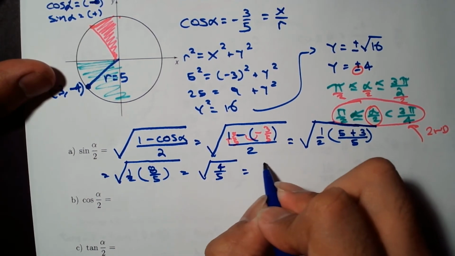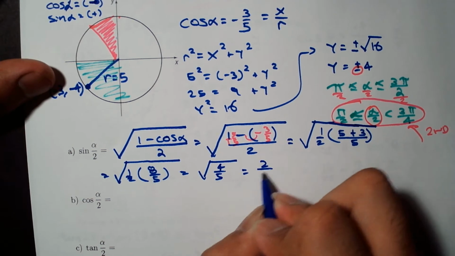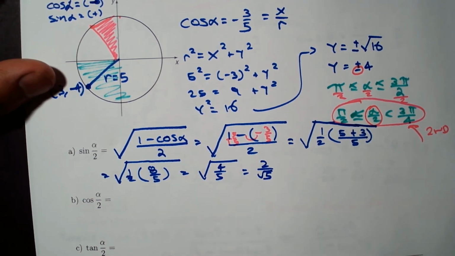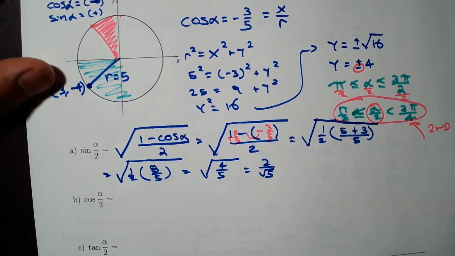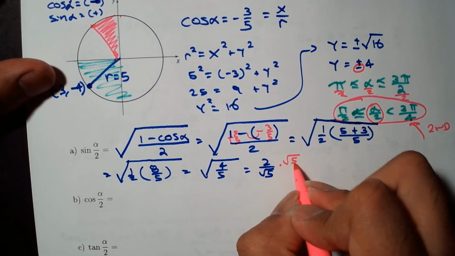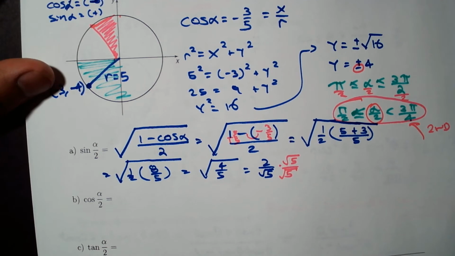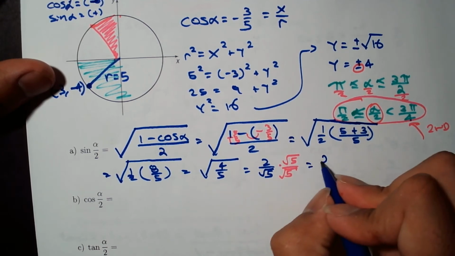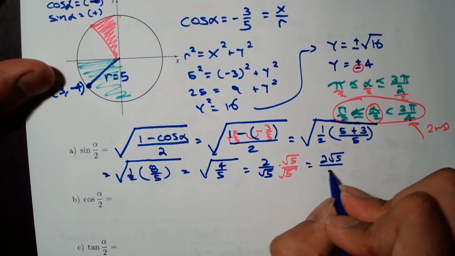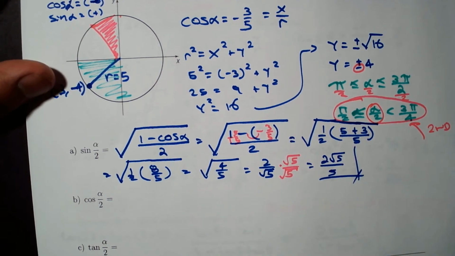In this case, this is the square root of 4, which is 2, over the square root of 5. And you might want to rationalize this denominator. That's 2 root of 5 over 5. Final answer.